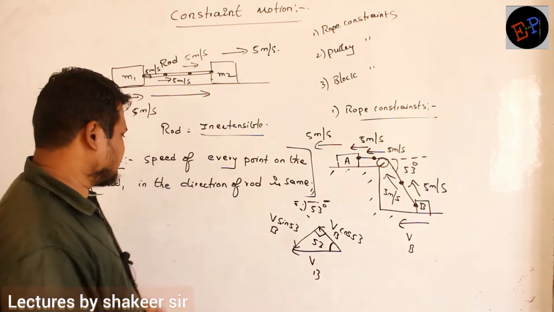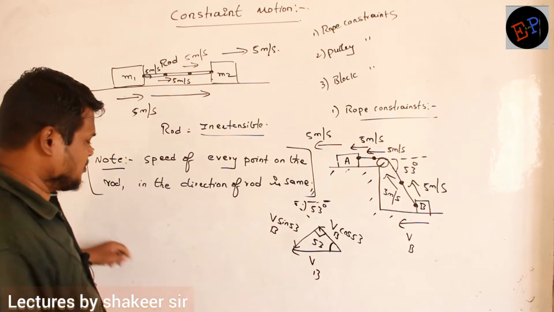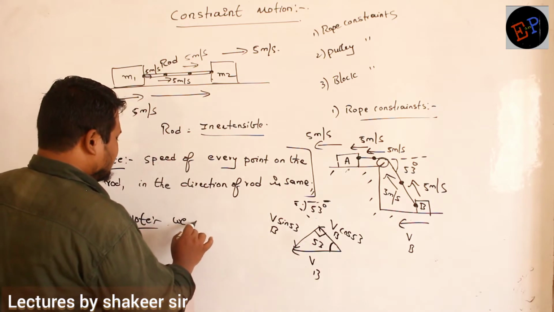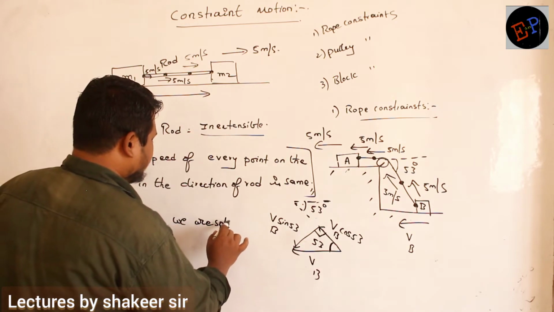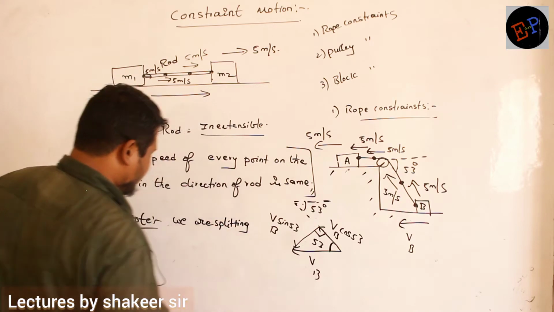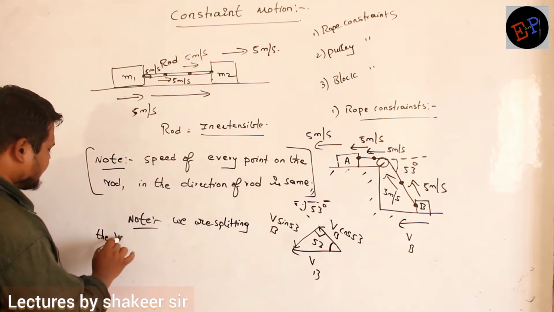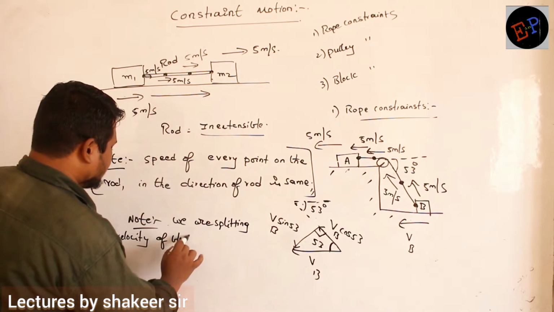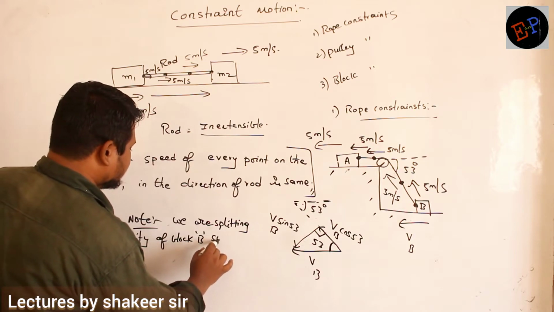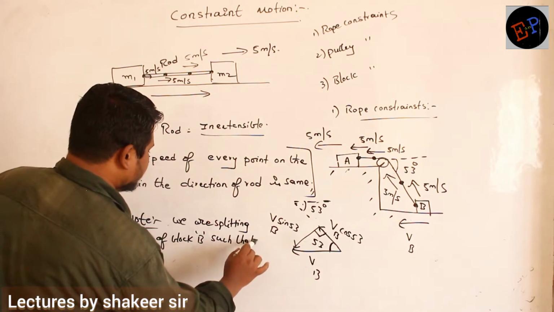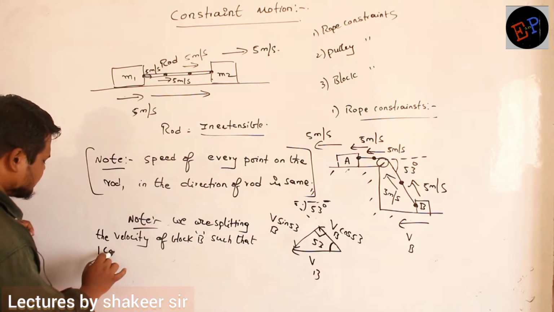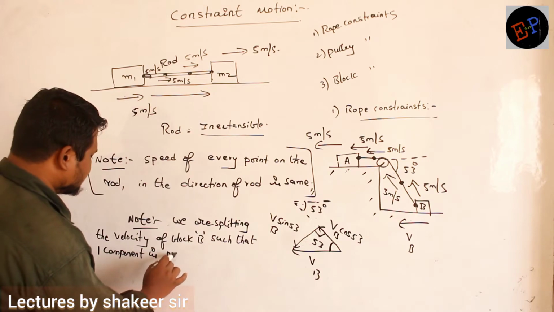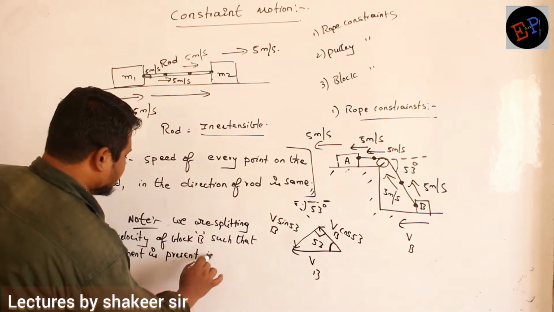Clear now? So therefore what is the note point here? I have to write. Note point is that we are splitting the velocity of block B. We are splitting velocity of block B such that one component is present in the direction of rope.